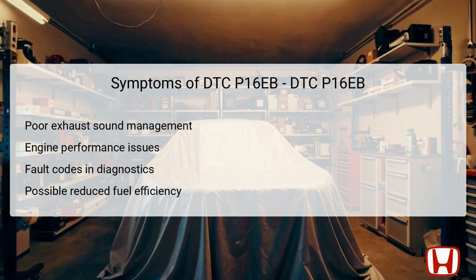Thirdly, fault codes will likely appear when performing diagnostics, indicating that the communication between PCM and actuator is compromised. Lastly, you might experience reduced fuel efficiency due to the engine not functioning optimally when not correctly calibrated. Recognizing these symptoms will guide technicians in determining if further diagnosis is warranted.